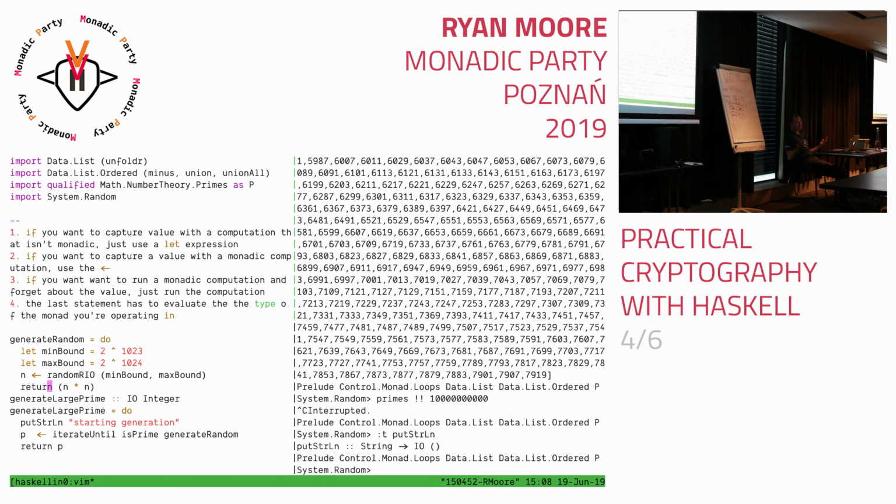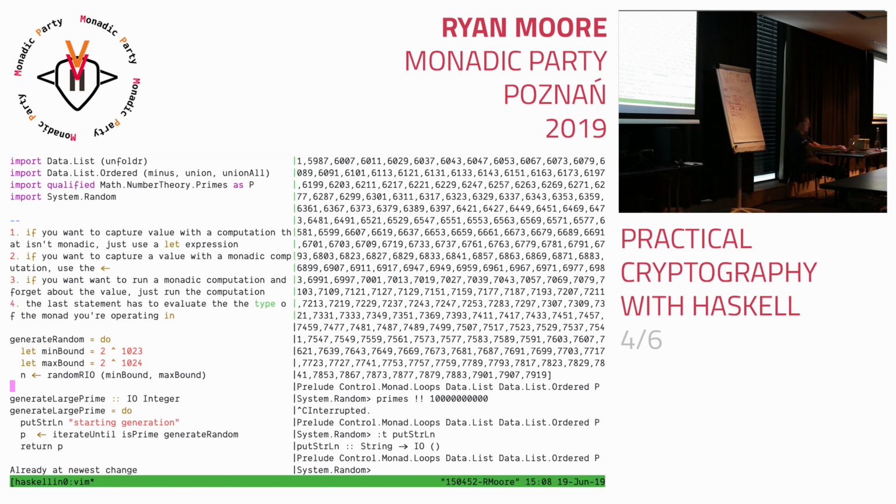And so then this would make sense. But you can't operate with multiplication on random RIO, min bound, max bound, because the IO monad is not an instance of num. Is that clicking?